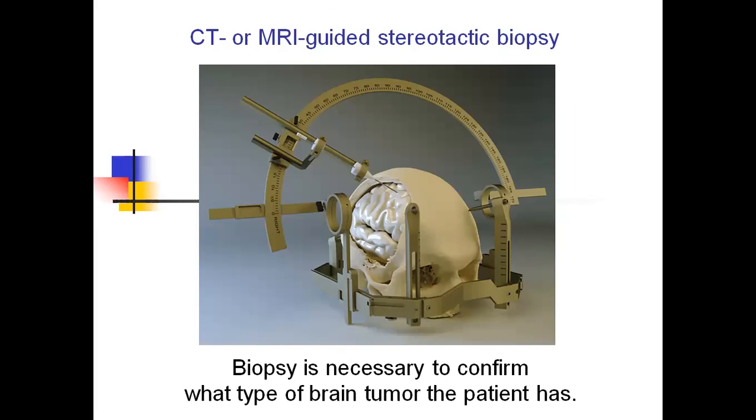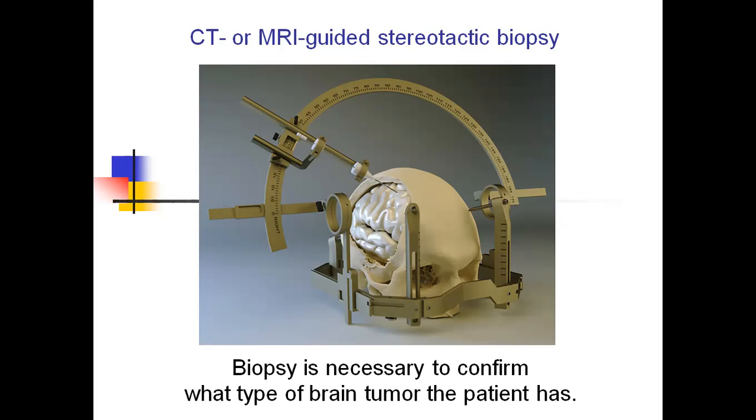A very important option of CT and MRI technique is the possibility to provide biopsy, stereotactic biopsy under CT or MRI control. This biopsy is necessary to confirm what type of brain tumor the patient has. You see that for this purpose, a special frame is constructed.